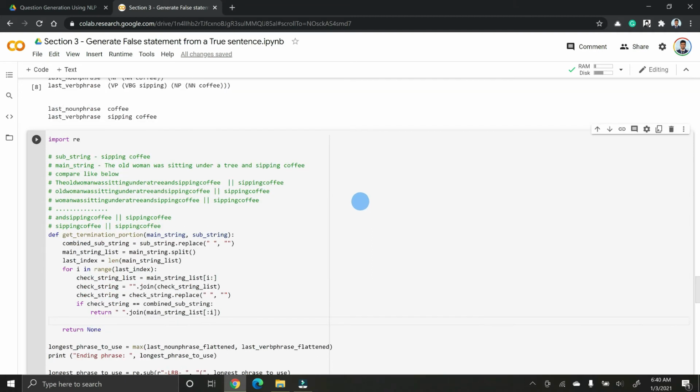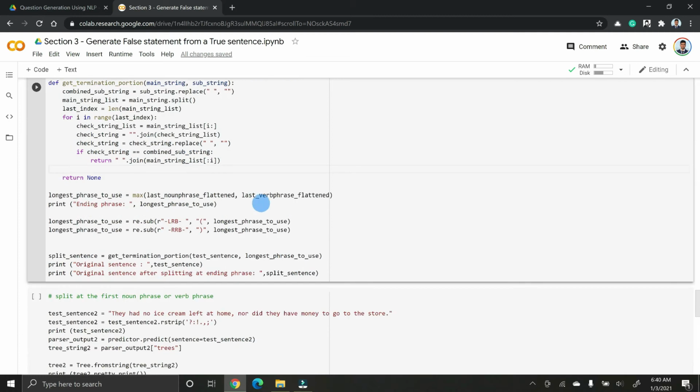What I mean by that is we need to identify whether the verb phrase sipping coffee is the biggest or coffee is the biggest, because it doesn't make sense for us to get both splits. We want to identify which is the longest phrase in these two things, and only give that to our split function.